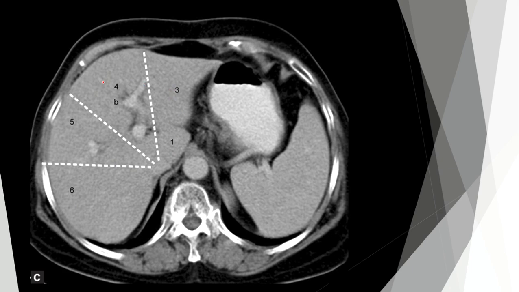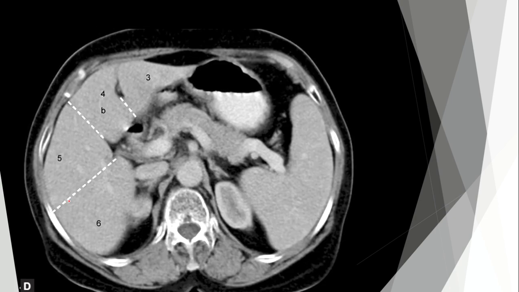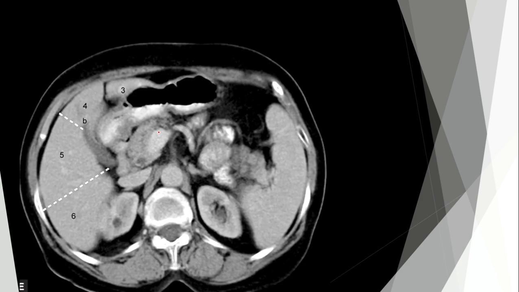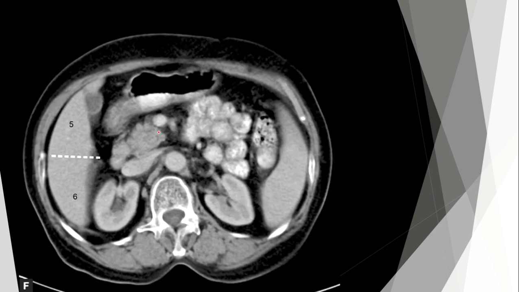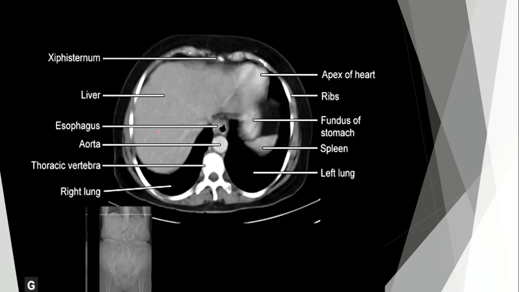First, 3rd, 4B, as we go further, okay. 5th segment and 6th segment. 3, 4B, 5 and 6, and we have less and less of our liver here. Only 5th and 6th.